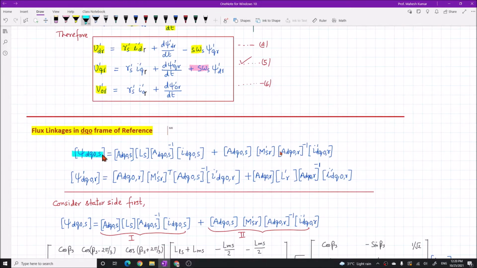So this is psi dq0s equals As into Ls, again As inverse and Idq0s. This is the first term, and the second term is Adq0s or As, Msr dash, Adq0r inverse and Idq0r dash.